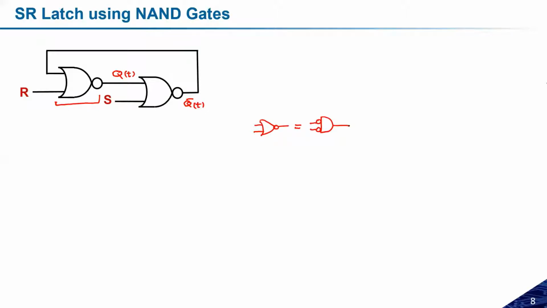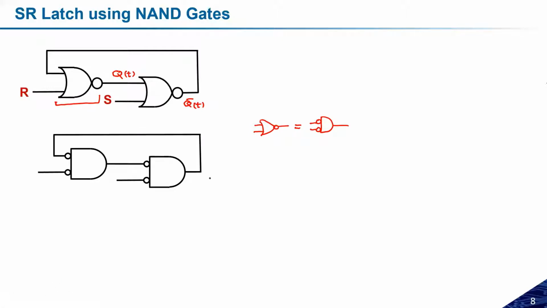So we can replace the first NOR gate with a bubbled AND gate. Similarly, the second NOR gate can also be replaced with a bubbled AND gate, and the outputs will be connected to the inputs.